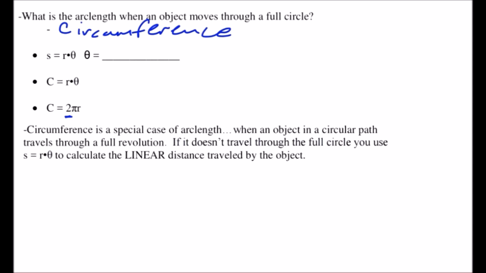We plugged in 2 pi radians and multiplied it by r. So circumference is r times theta. It's just that theta has to be 2 pi because we went through the full circle. Does that make sense to everybody? If you don't go through the full circle, then you would use your arc length formula and plug in what angle you actually did go through.